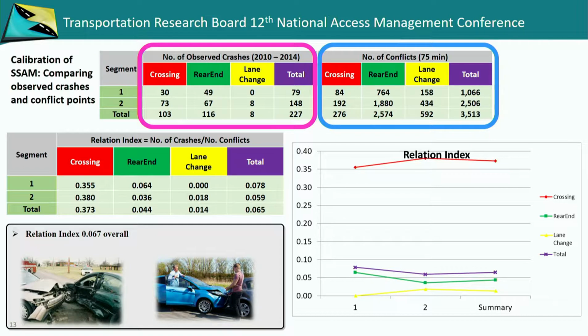We did statistical analysis as well and found that we had a statistical sample here in terms of conflicts and crashes occurring at the same general locations along the corridor.